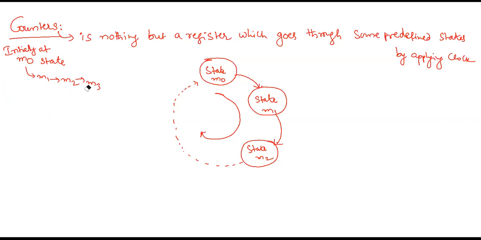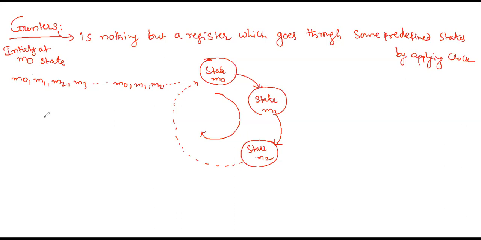Now M0, after M0 will go to the M1, M2, M3, so on. Again M0 will repeat, M1, M2, so on. The same states should repeat by applying the clock pulse.